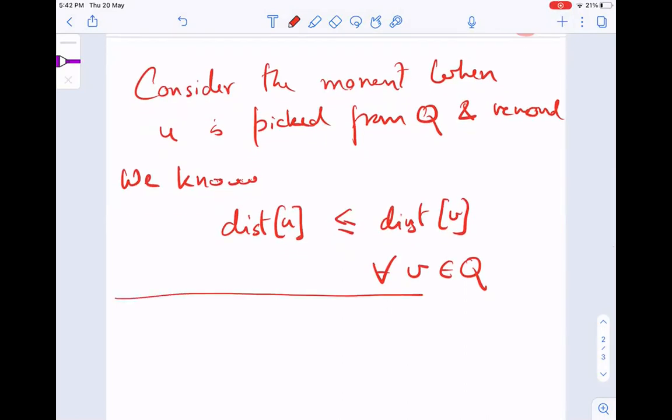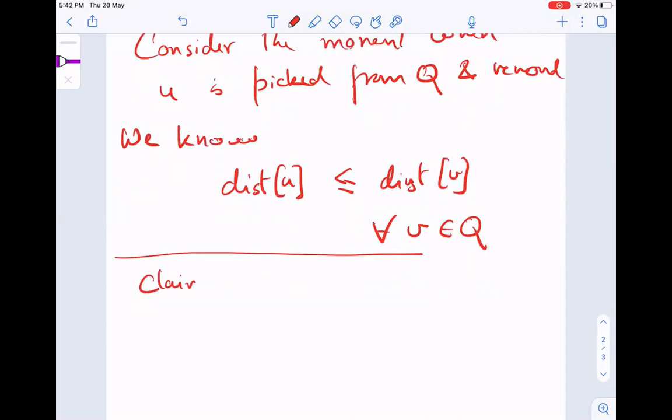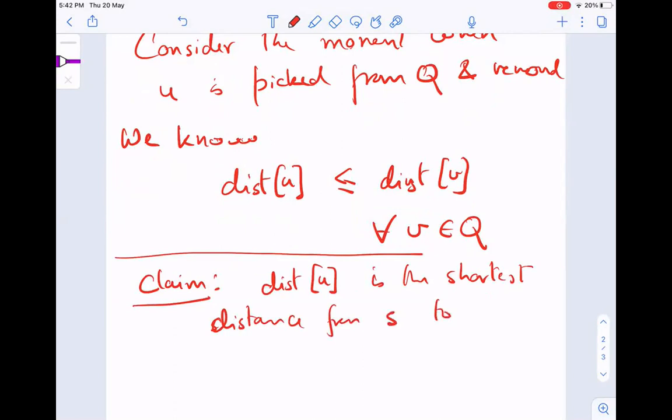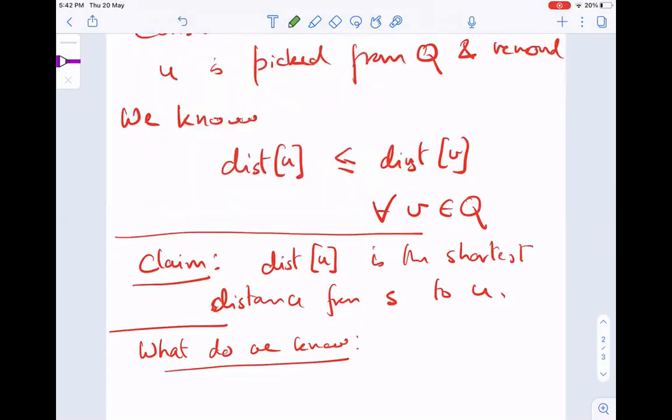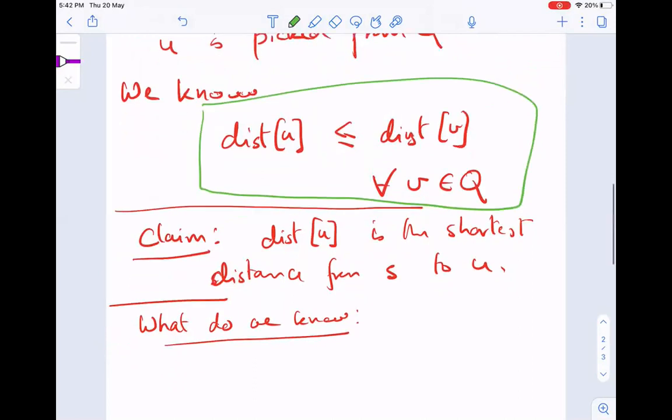Now, the claim. What is it that I am to claim? I want to claim that the distance of U is the shortest distance from S to U. But what do we know at that time? We know this one important fact. And there's another fact that I know.